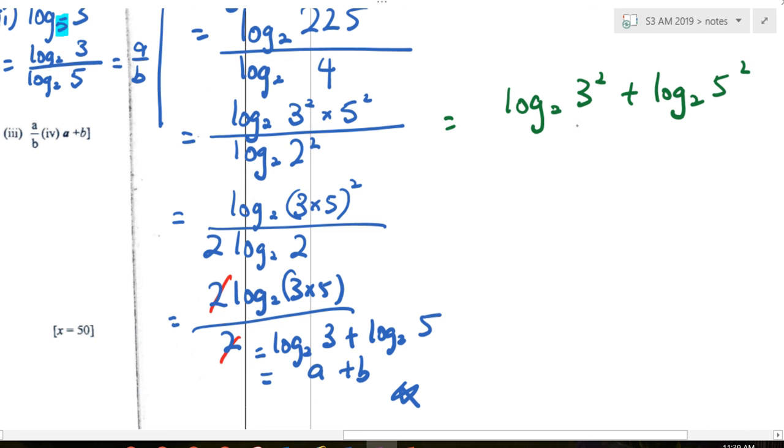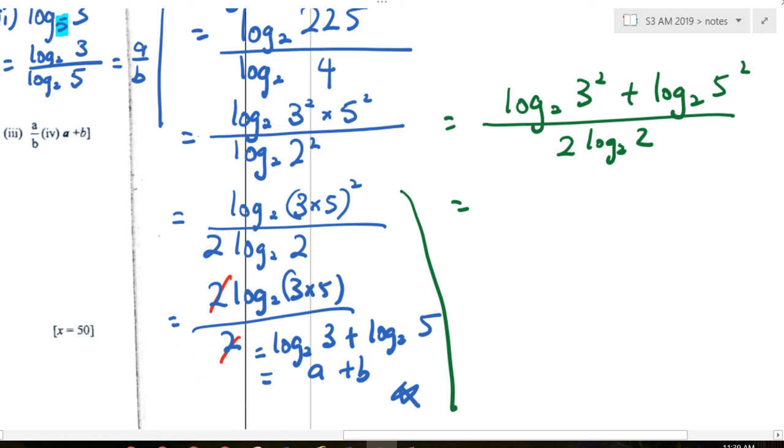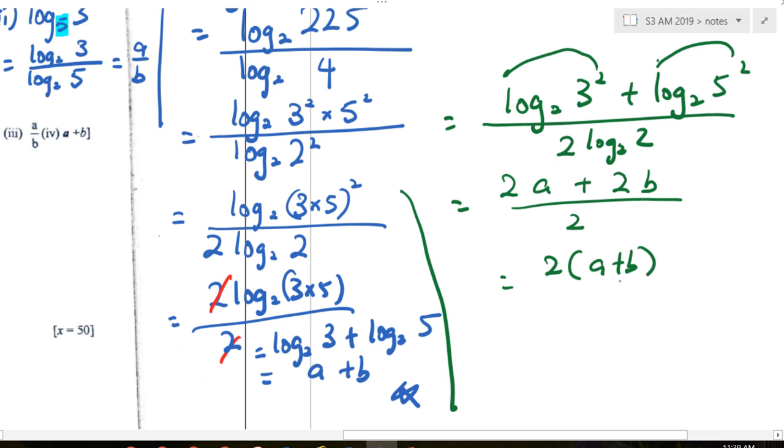Okay, I just show for fun, but you don't copy, can? Then the 2 will come down, so this is 2A plus 2B over 2. So what's the answer? 2 bracket A plus B over 2. What's the answer? A plus B. Right, I can show a lot of variations. Some of you don't have the square, you get log base 2 of 3 plus log base 2 of 3, then you get A plus A plus B plus B. You also get 2A plus 2B, right? Then you factorize, then you also get the answer. Pause the screen a while.